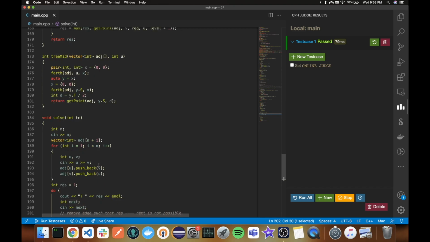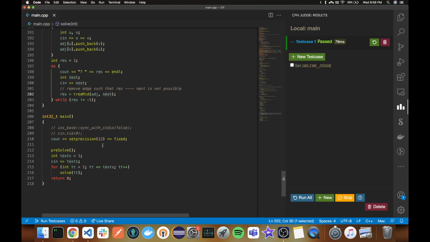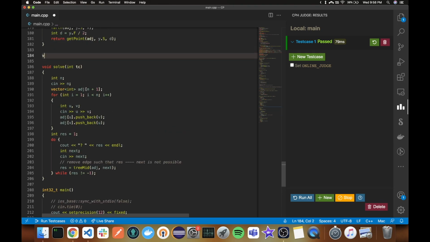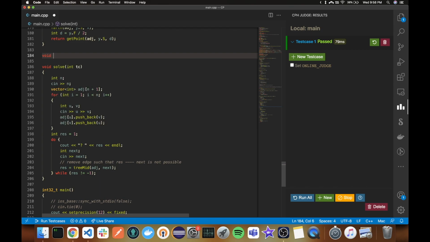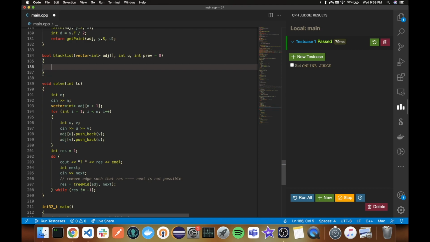And then since you're doing, okay, void blacklist. I'm gonna blacklist the vertices which are towards the path of that. Okay, I'm gonna use boolean. Yes. And I'm gonna require a set, blacklist, right?